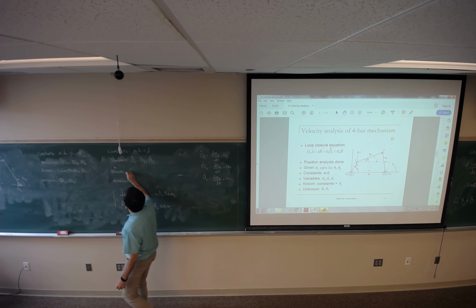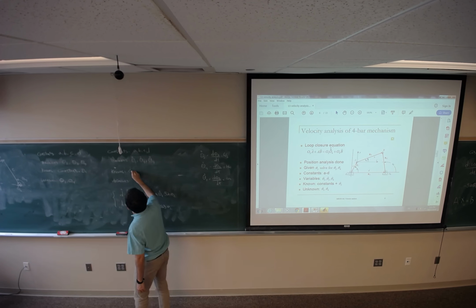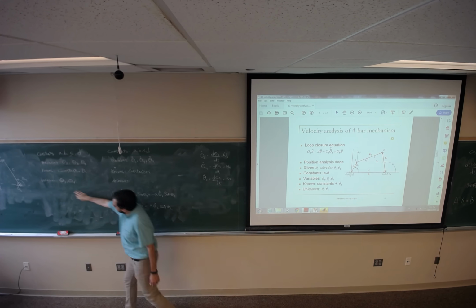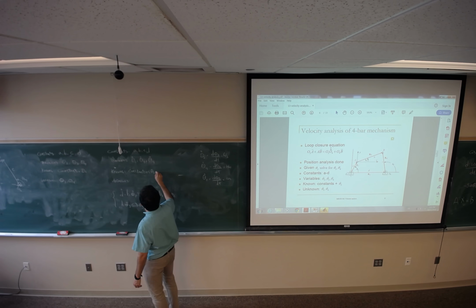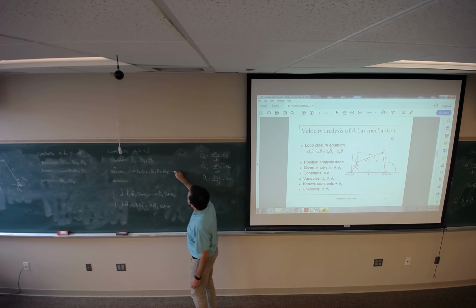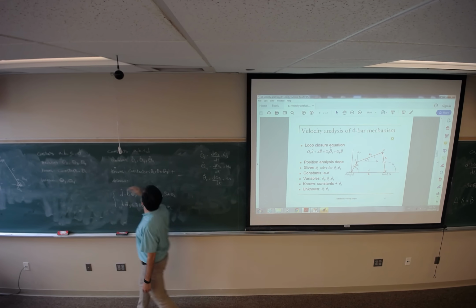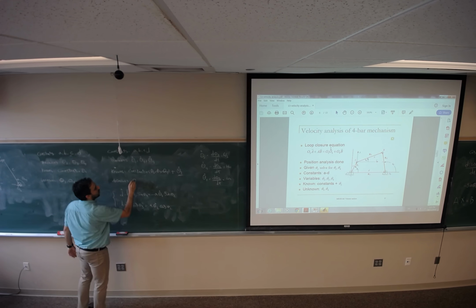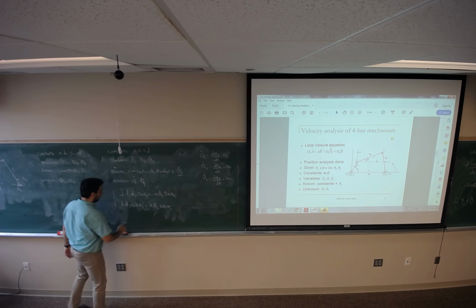So we would like to do velocity analysis with the knowns being the constants plus theta 2, theta 3, theta 4 from displacement analysis, plus whatever is known here, its derivative or its speed should be given. Then you are going to solve for the remaining variables, which are omega 3 and omega 4, or theta dot 3 and theta dot 4.